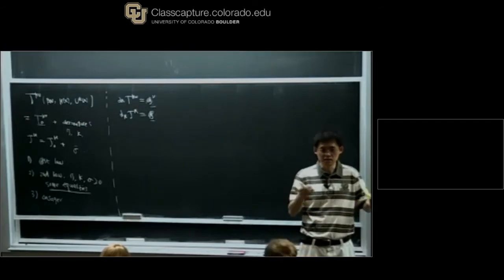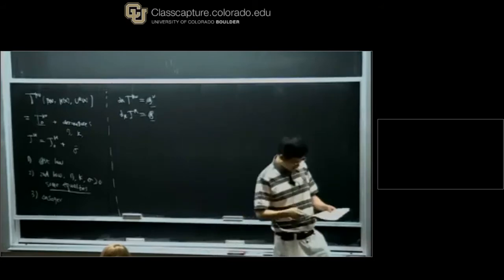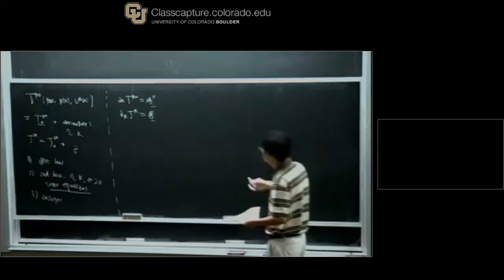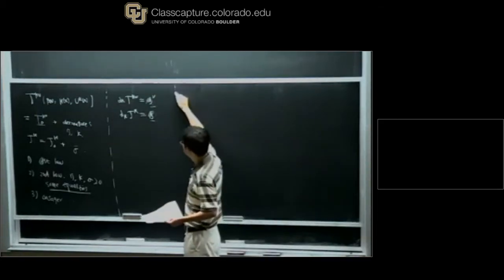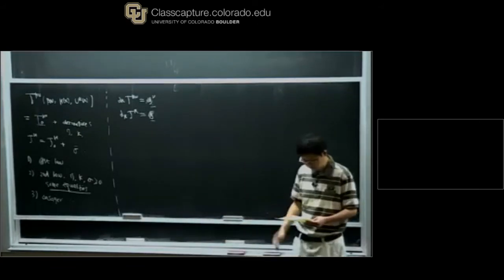There's no first principle telling you how to do that. So this is the main motivation: we want to develop hydrodynamics as a general effective field theory, and then we can incorporate all those things systematically.